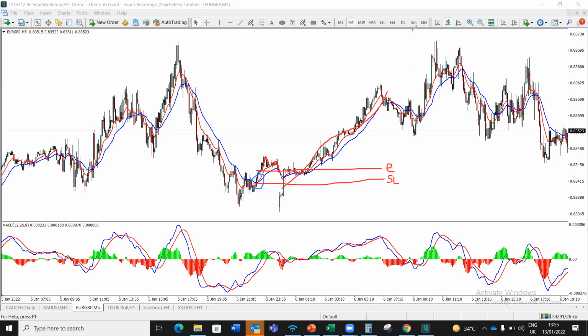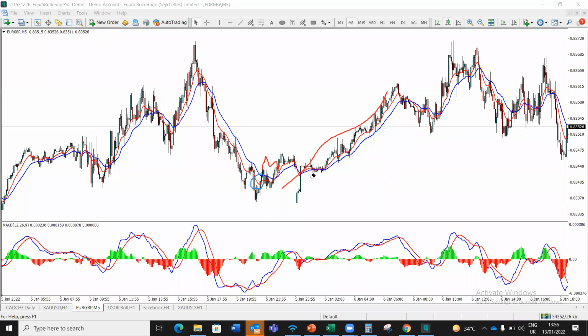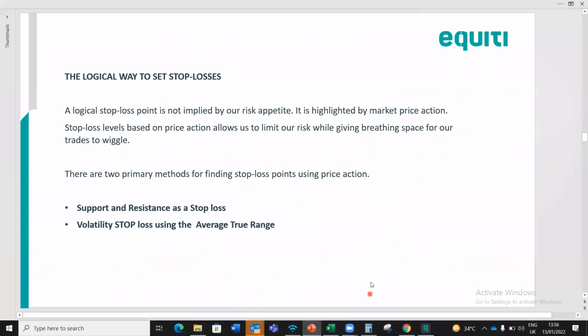Now let's see, supposing we had put our stop loss the right way, finding a swing point using support and resistance. We would have put our stop loss below this. The market is going to experience its pullbacks and retracements, so we put our stop loss levels based on the price action that we see in the market.